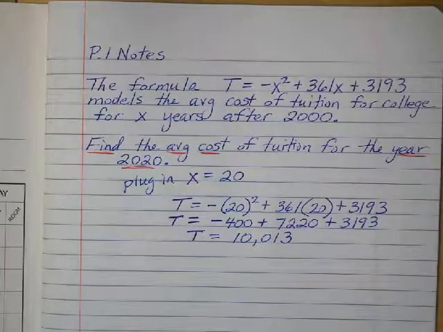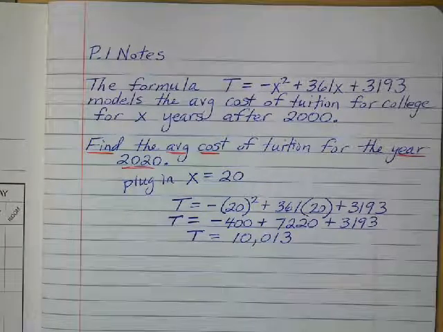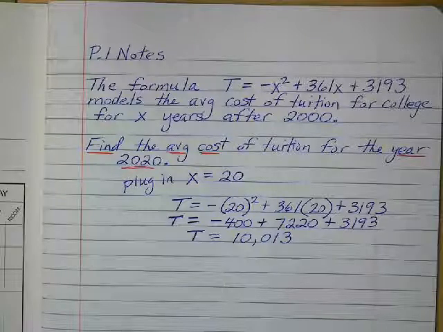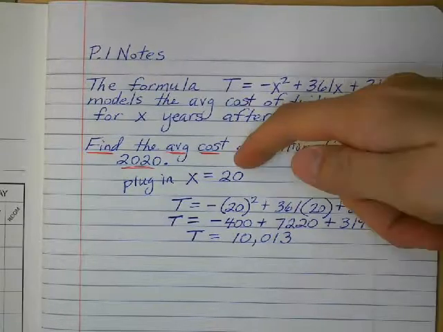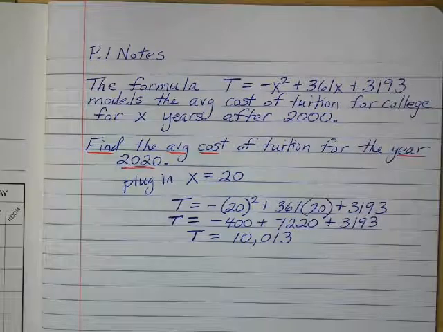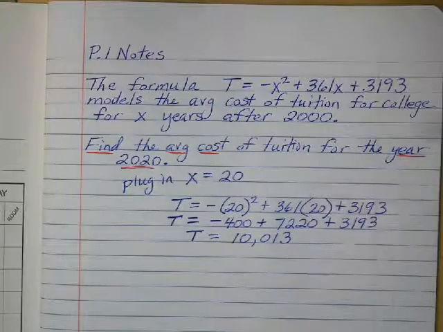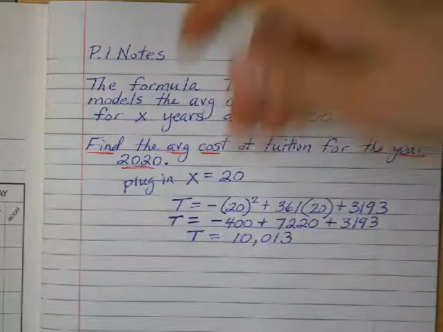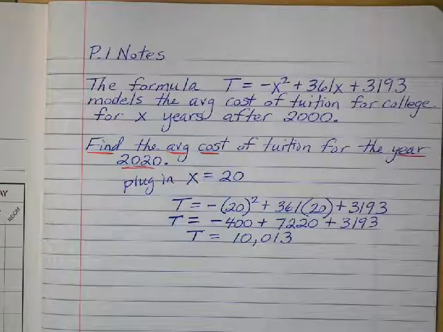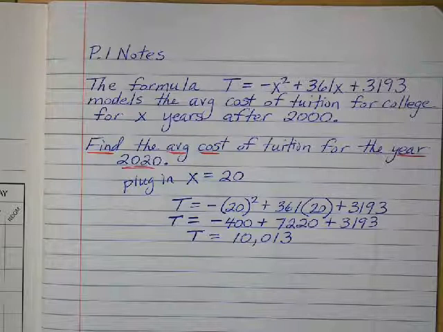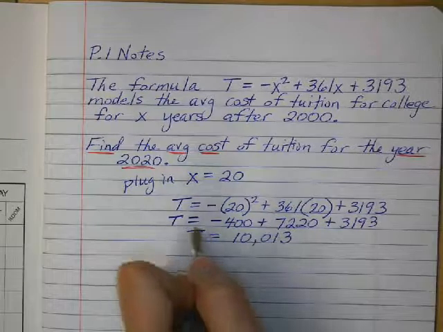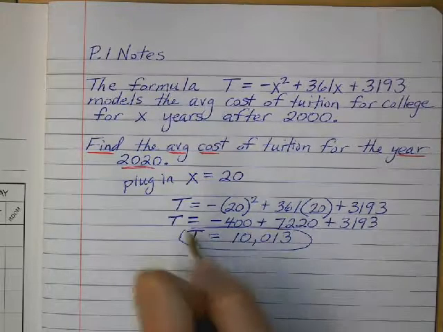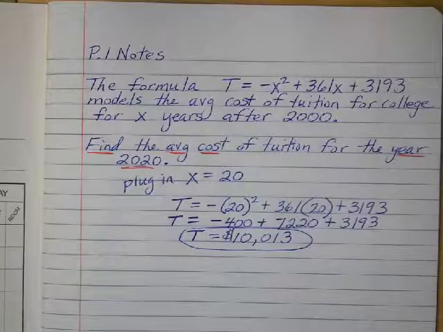What do you think this means? Because that was 20 years, so what's this answer? Yeah, it's the cost of tuition. It's just like $10,000 for the cost of tuition. So that is money. You could put a dollar sign. That's the cost of tuition.